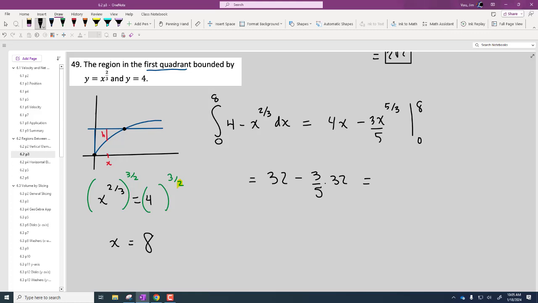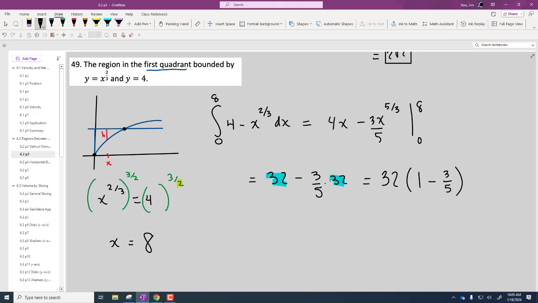And let me point out something here. There's a lot of quick ways you can do some of this evaluation. It's very tempting just to make this 96 over 5, get a common denominator of 5. But there's a faster way. There is a 32 that is common to both those terms. So if you factor that 32 to the front, you are left with 1 minus 3/5.